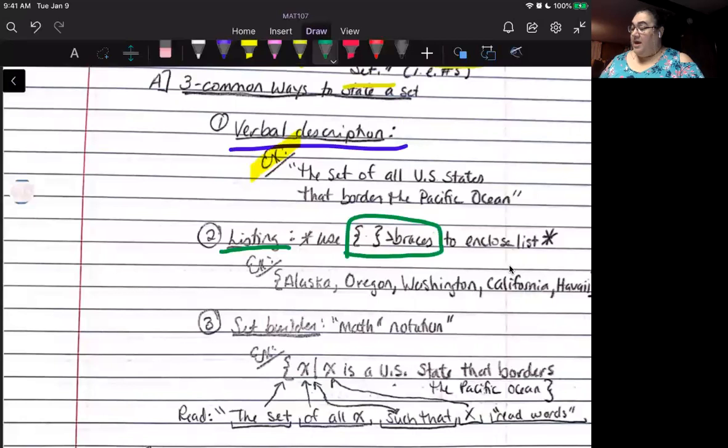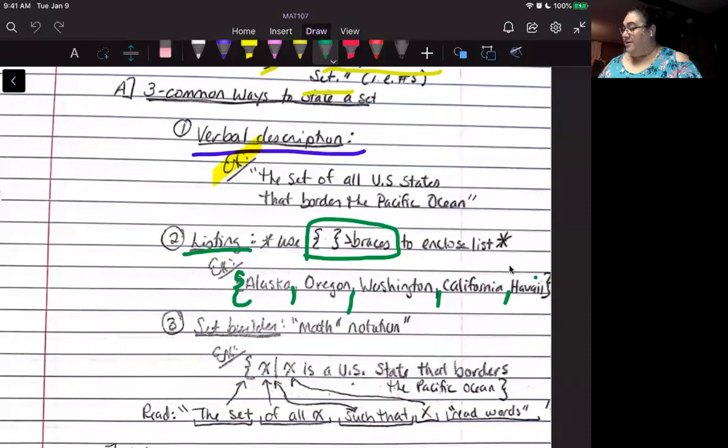So for example, here, instead of stating it as the set of all United States that border the Pacific Ocean, by putting the brace here, I'm saying the set of Alaska, Oregon, Washington, California, Hawaii, and you can see that these are all states that have a border with the Pacific Ocean. So I have stated my set using the braces, and it kind of fell off the notes here, but you can see that there is another side for where you put the braces to close your set. Now, everything within those braces is the set you're discussing, okay?